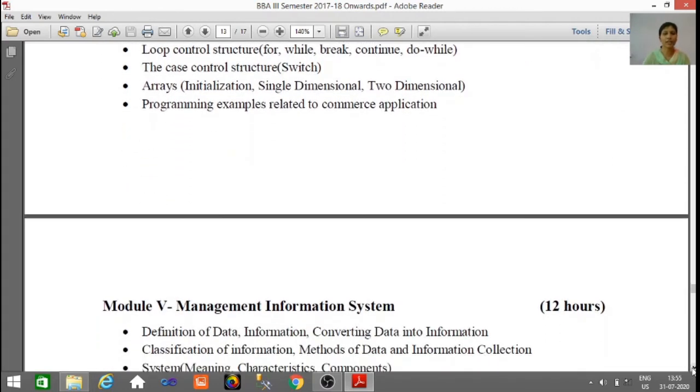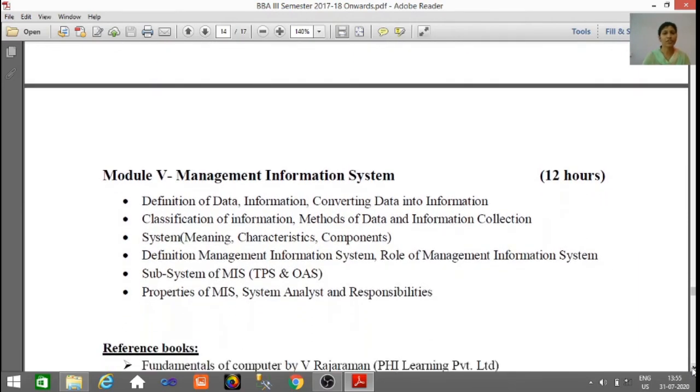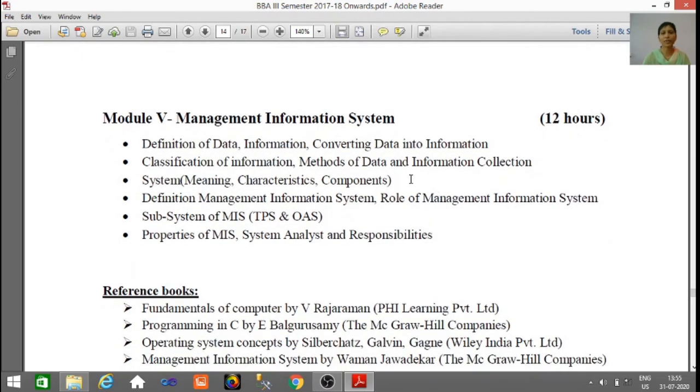Then last module, the fifth one, management information system. Definition of data, process, information. Converting data into information, meaning how we convert the data into information. Then classification of information, methods of data and information collection, systems, meaning of system, characteristics of system, components. Then definition: management information system means what.